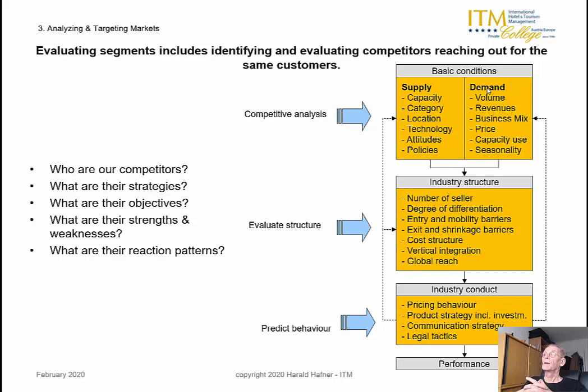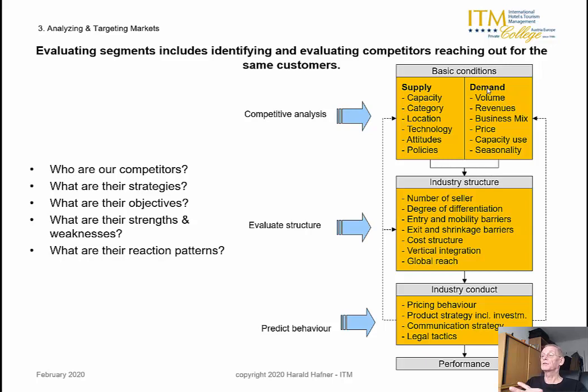Then we move on, after having carried out the competitive analysis, to evaluate the structure of a segment, so to speak, its structural attractiveness. Thereby, we look at the number of sellers and the degree of their differentiation. We look at entry and mobility barriers, as well as exit and shrinkage barriers.